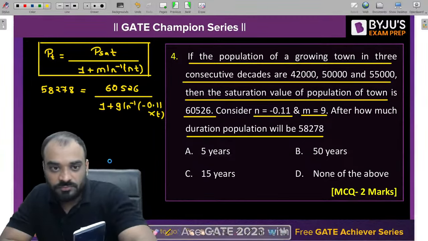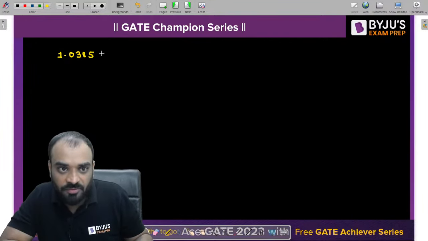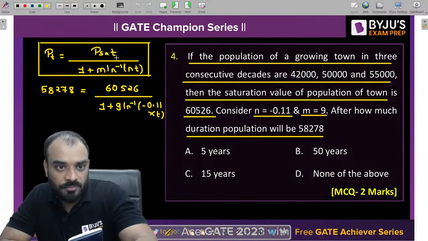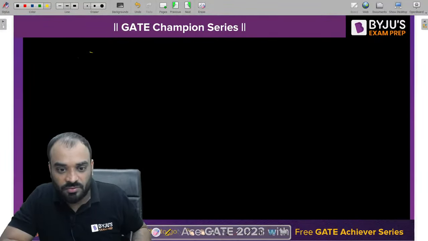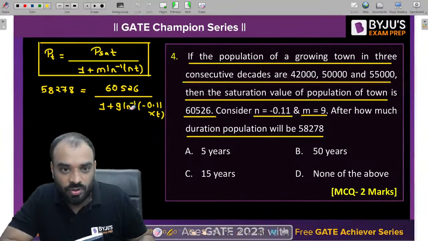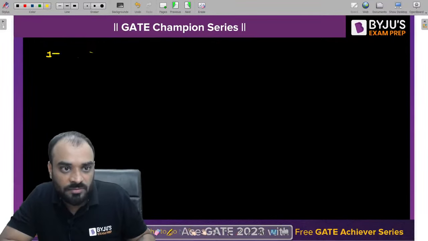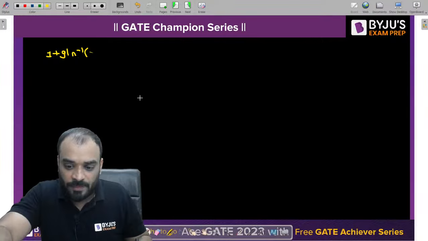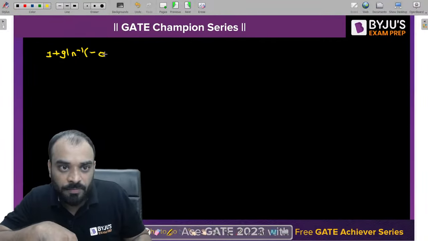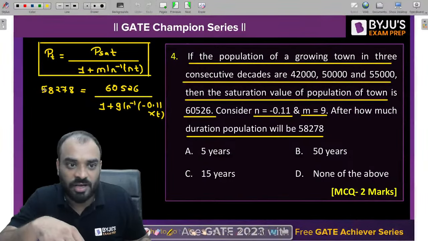So let's write it down. 1.0385. Okay, let me write it in this way. So guys, we'll put this particular value on the left hand side, which is 1 plus 9 ln inverse bracket minus 0.11 times t, and it is equal to, you need to divide this value by this one.